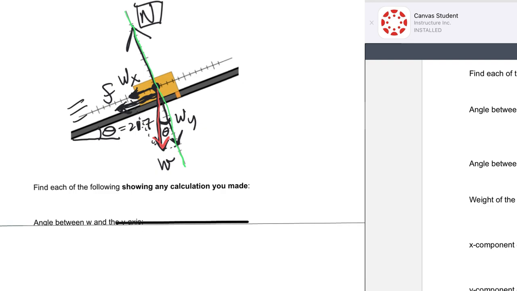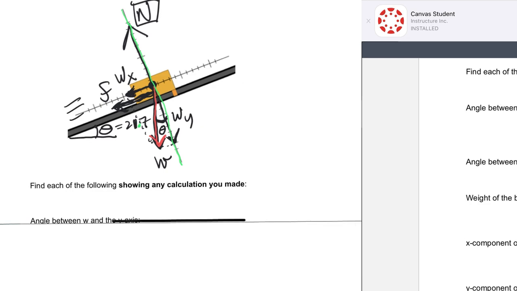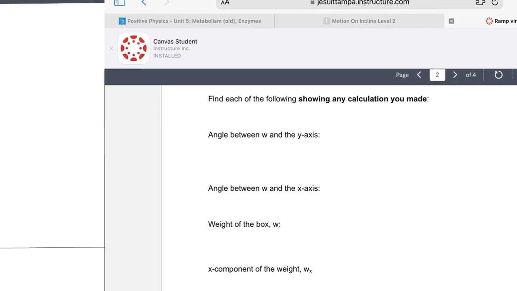Okay, that's the ramp angle, and so I don't need to calculate that. For me, that's 21.7. I'll just write the ramp angle because I'm not going to do the math, to save time.